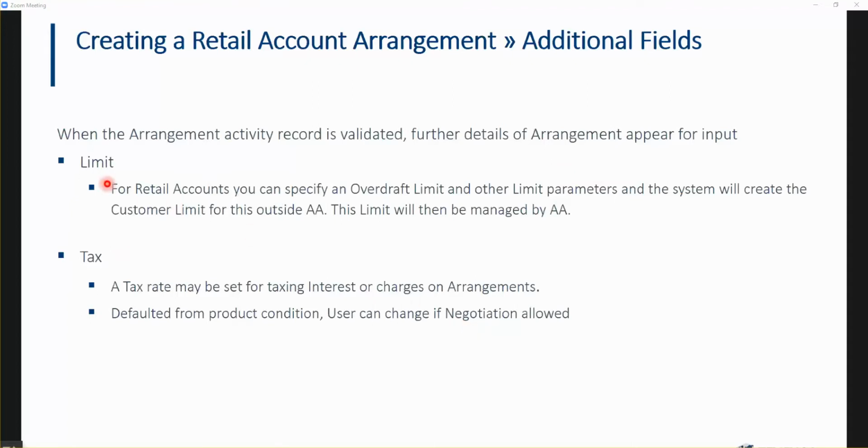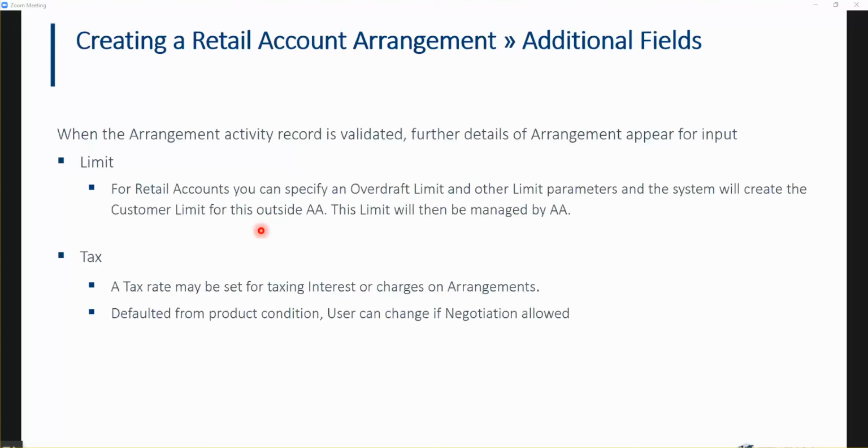Right, now limits. This is something different that you just need to take on board. For retail accounts in AA, it is possible for the limit to be created automatically from the arrangement.